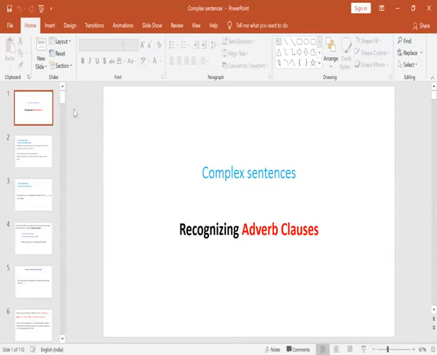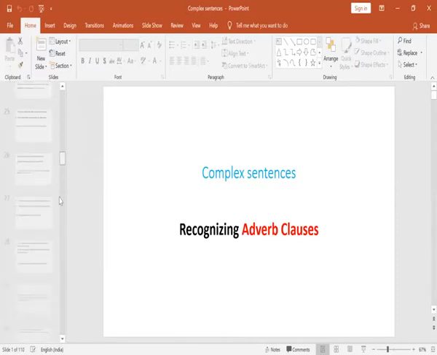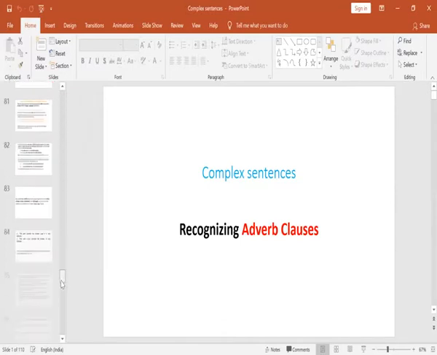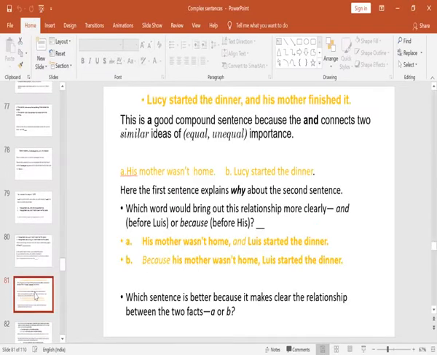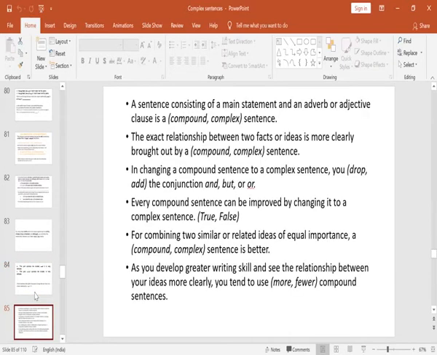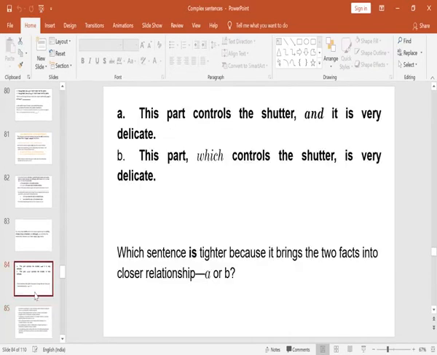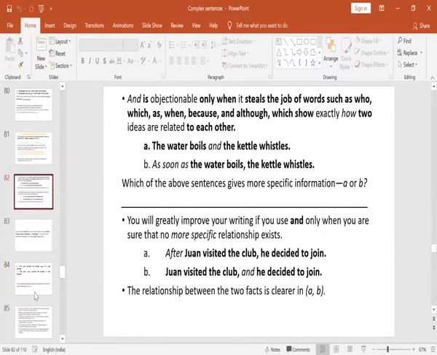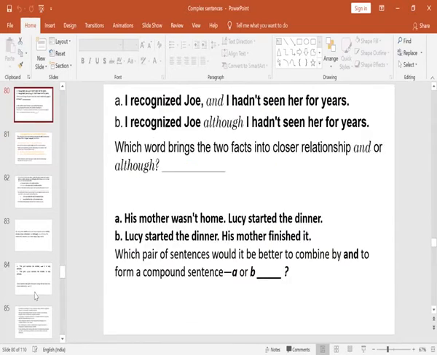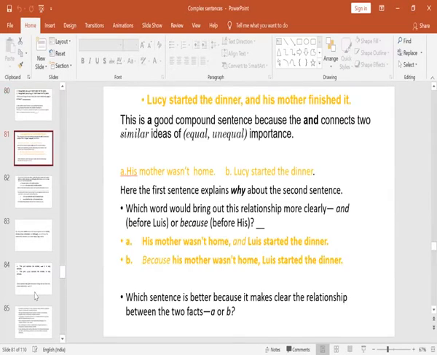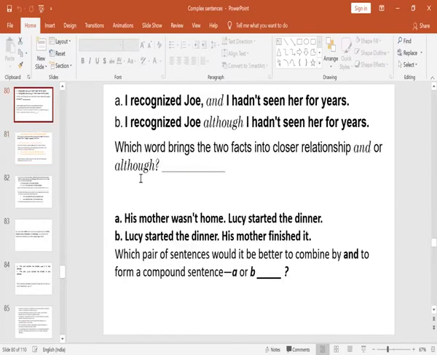Guys, this is yesterday's one, adverb clauses. Now we'll move to see what we can do. Fine. Look at this, guys. I am continuing yesterday's part, then we'll slowly move to the adjective part.